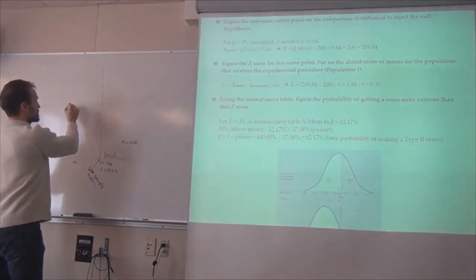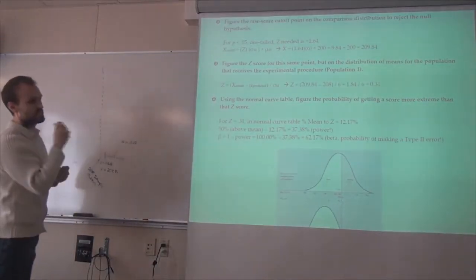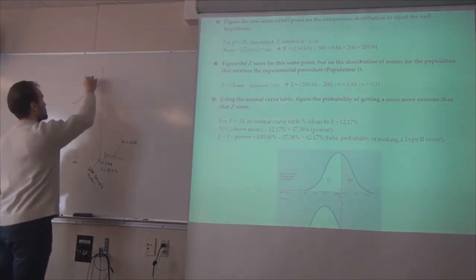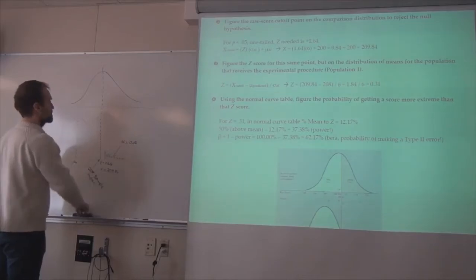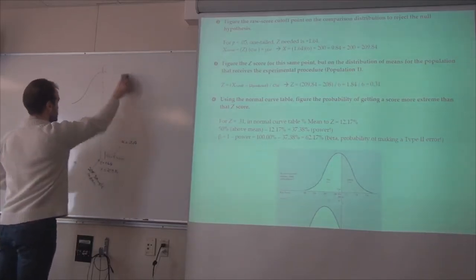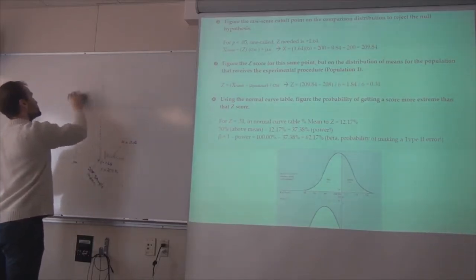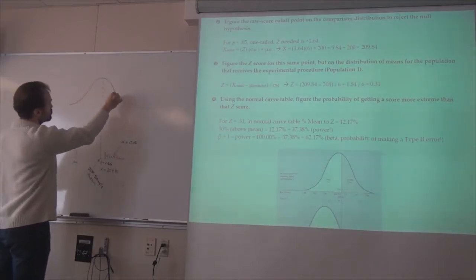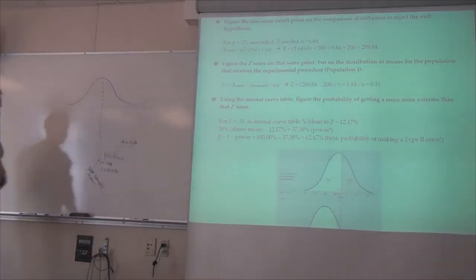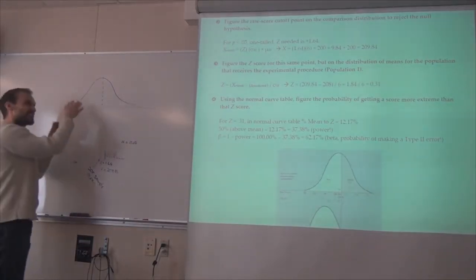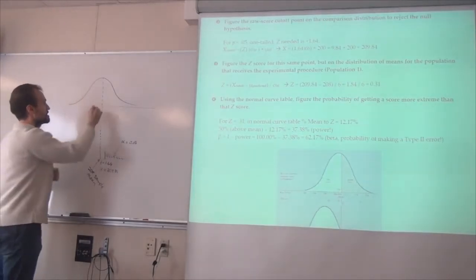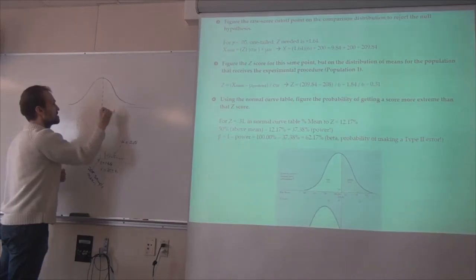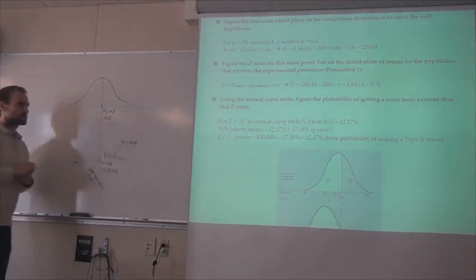So I'll put that over here somewhere. Try to make the sketch as good as their sketch. We'll see. Probably not going to be as good. Oh, that's not very balanced, is it? Let's try that again. When I want to have it nice and symmetric, it's not going to be. So here's my mu predicted. That's the 208.